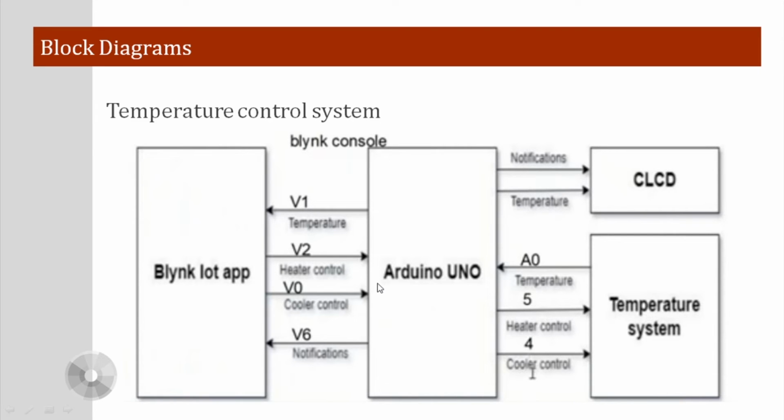We control this temperature system and print the status message of the temperature system on the LCD using the Blynk IoT app. This can be done using Arduino Uno. From the Blynk IoT app, we send the instructions to the Arduino Uno. There we will control the temperature system and print the messages on the LCD display.